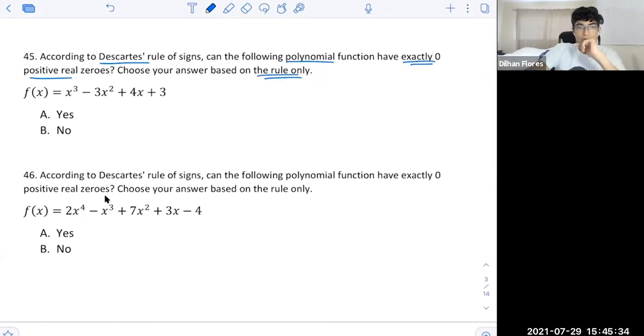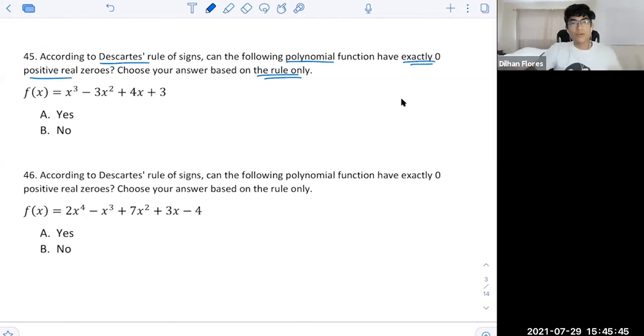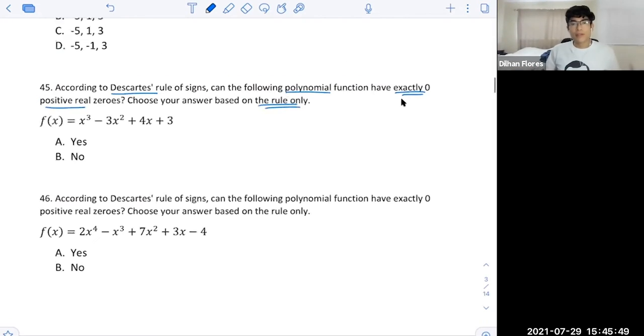Awesome. Cool. So what is Descartes' rule of signs? Unfortunately, I do not remember. You're good. So pretty much it's asking what is the maximum amount of positive real solutions you can have. And you can determine it based off of the signs, right?